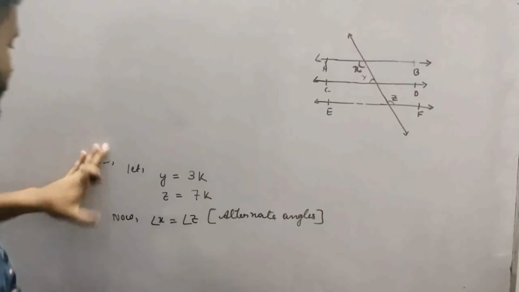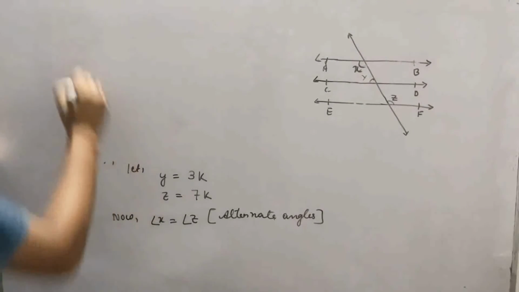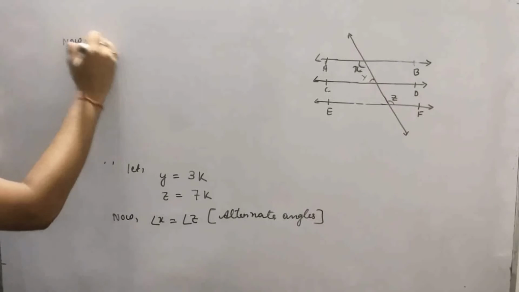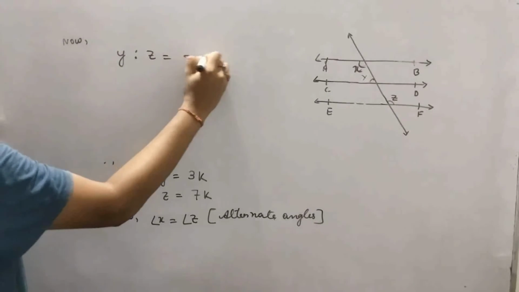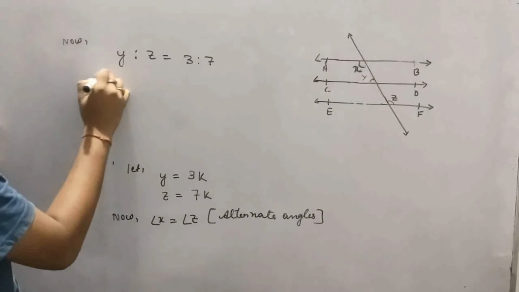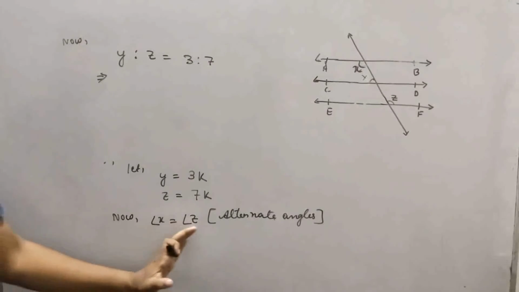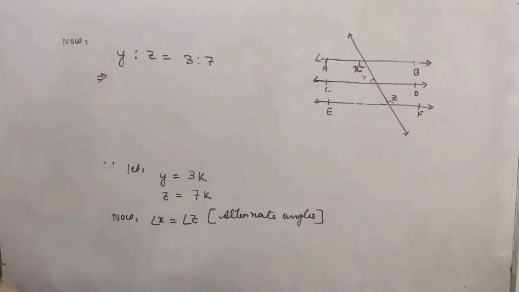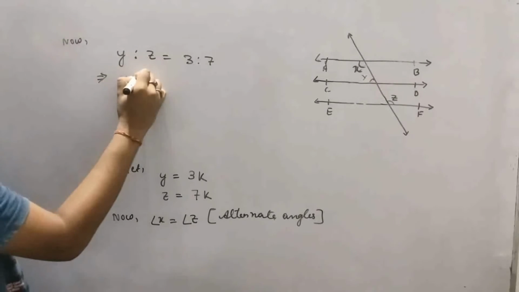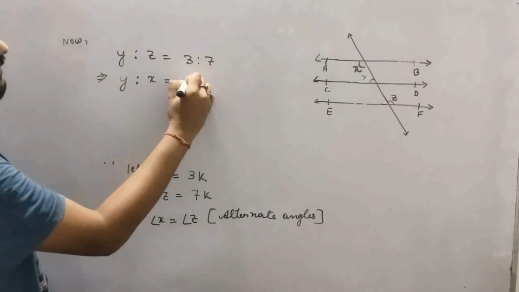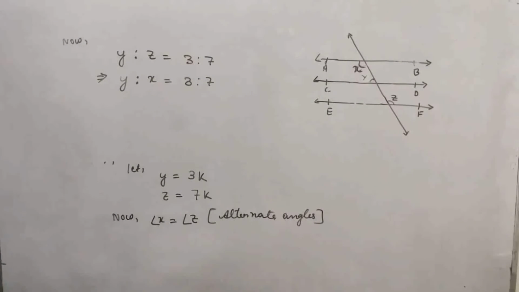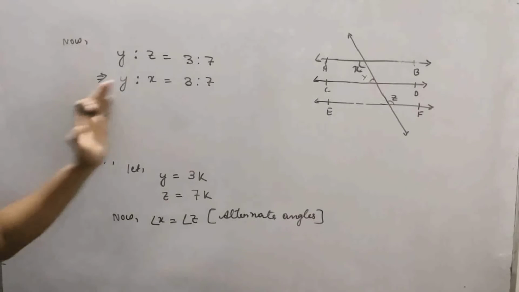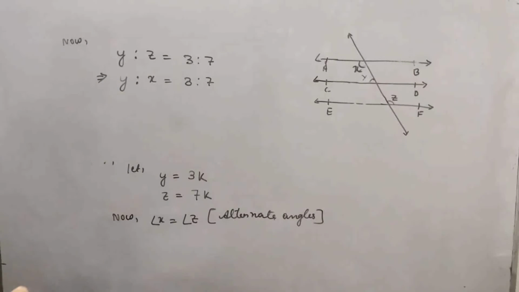Now what we can say? Now this ratio. What was the ratio? The ratio was y is to z is equal to 3:7. Now since x is equal to z, in place of z I will write x. Y is to x will be equal to 3:7.